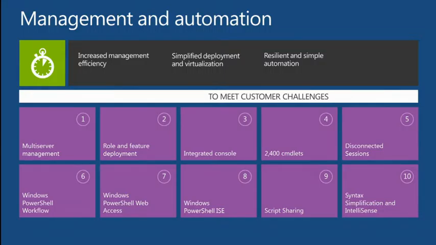So, role and feature deployment. Why have I always wanted a GUI? Why have I always had to RDP into a server? Well, mostly it's to do role or feature deployment. Because if I want to deploy a new role, I have to be on that server to do it. I can't go into server A and then deploy a role on server B. With the new 2012, my Server Manager tool is a centralized part that I can use to deploy server roles and features to any server in my organization as part of that 2012 infrastructure.